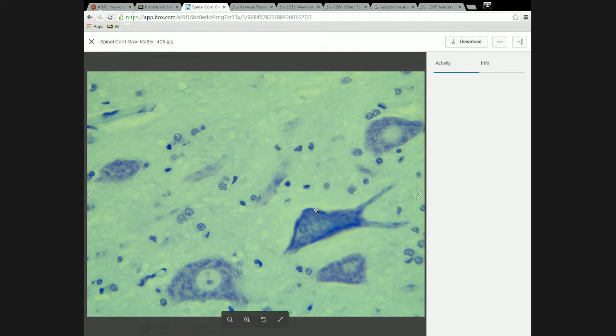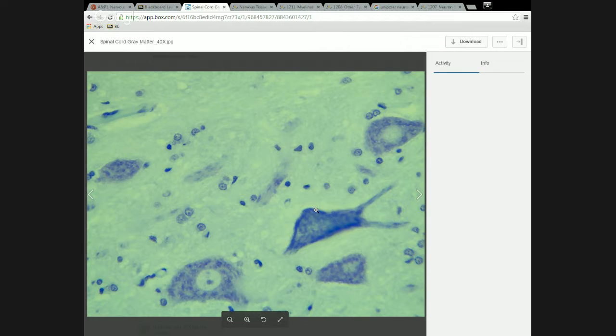Except for the next slide I'm going to show you. Any neuron that we look at this semester is a multipolar neuron. Might not be able to see all the dendrites and axon on it, but it has to be multipolar because that's what we're looking at this semester. We will not be looking at bipolar cells this semester, and the unipolar cells we look at this semester will be only in the next slide I'm going to show.